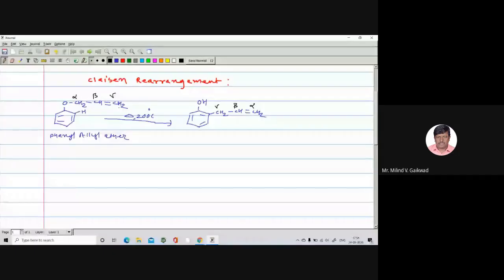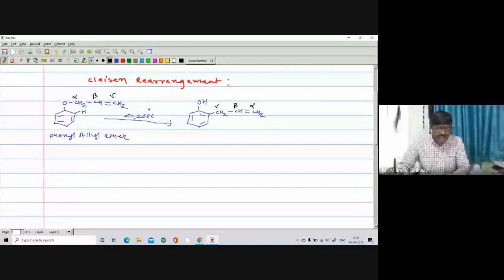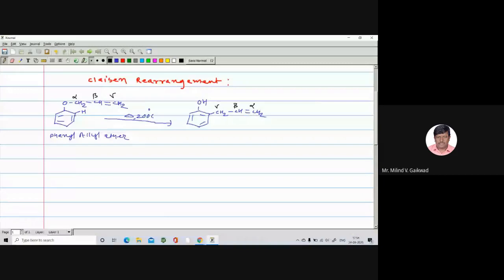The alpha carbon was directly attached to the oxygen, and the gamma carbon attacks the ortho position, and you are getting such a compound. So there is formation of the corresponding ortho allyl phenol.